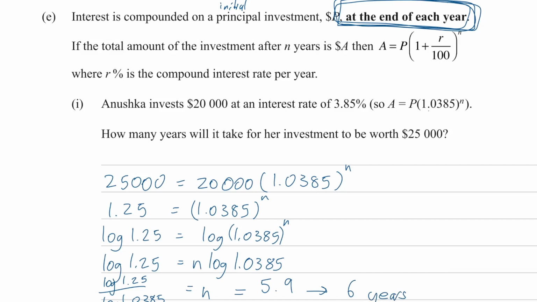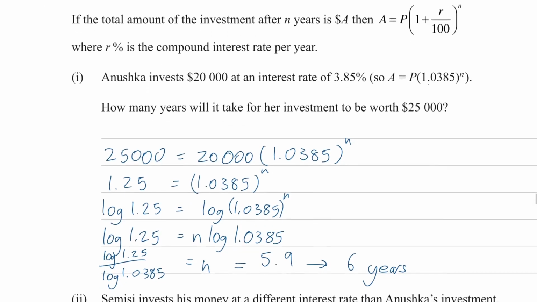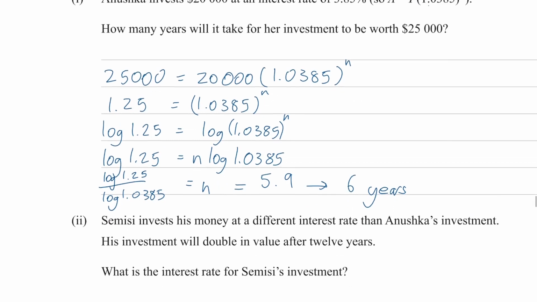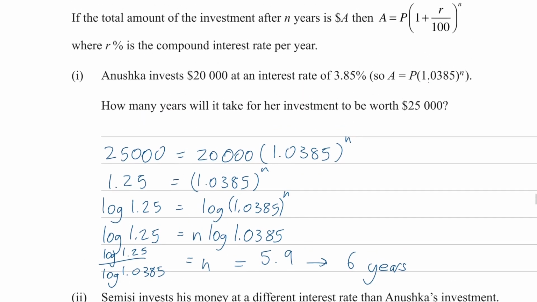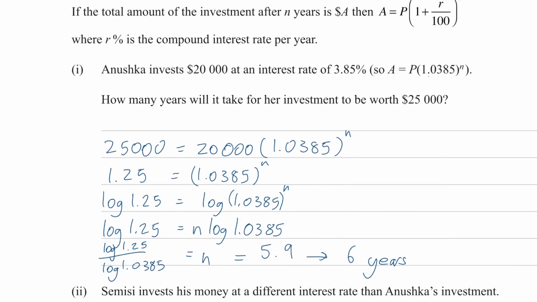If, however, it was compounded every minute, then having a decimal like 5.9 would make more sense. All right, so that's not too bad. 6 years to get $5,000 from a $20,000 investment, but this interest rate is quite low.